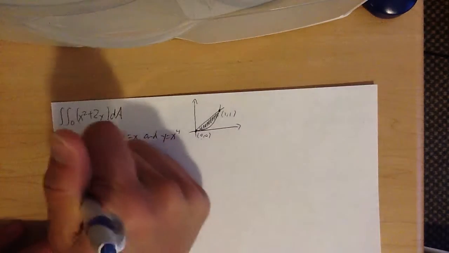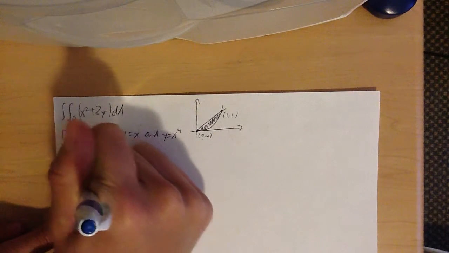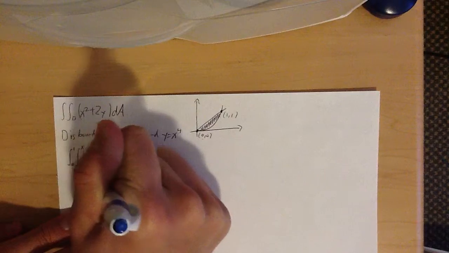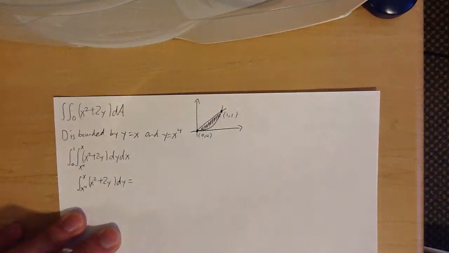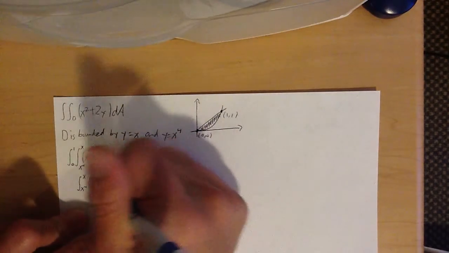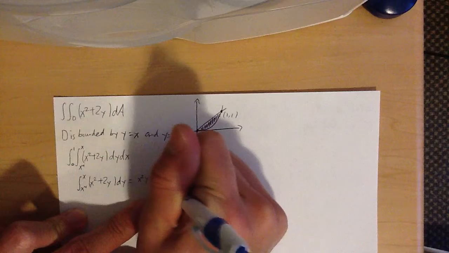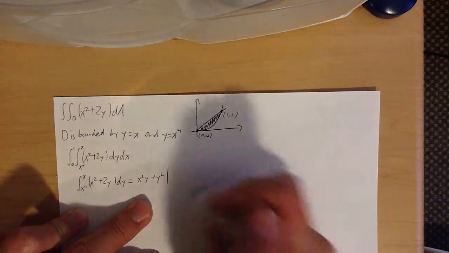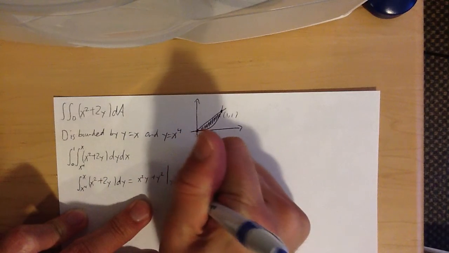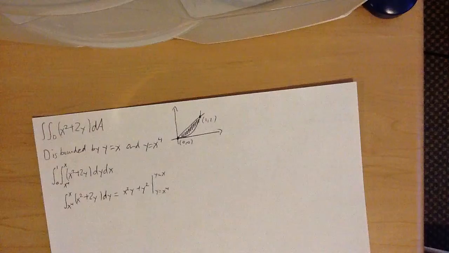So let's do the y integral first. The integral of x squared plus 2y dy. So what is this equal to? Well, this has no y, so it'll be x squared y plus y squared, from y equals x to the fourth to y equals x.